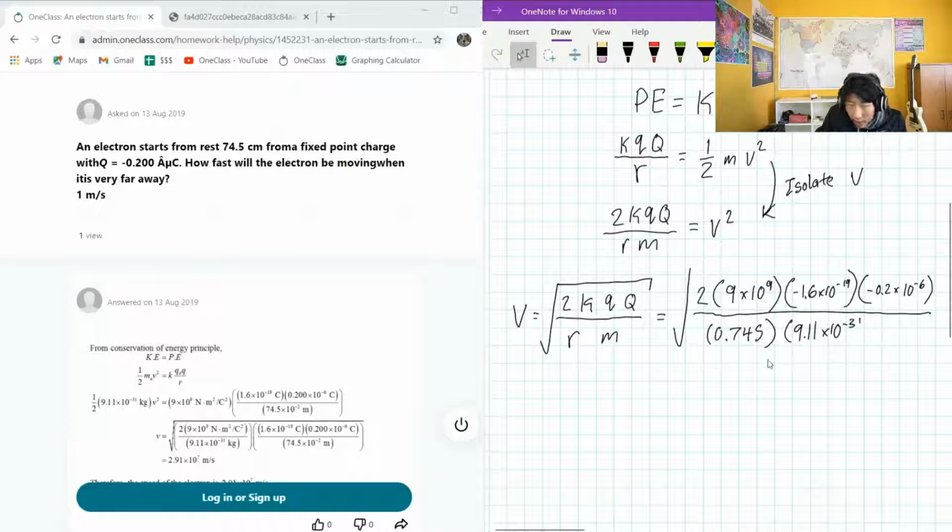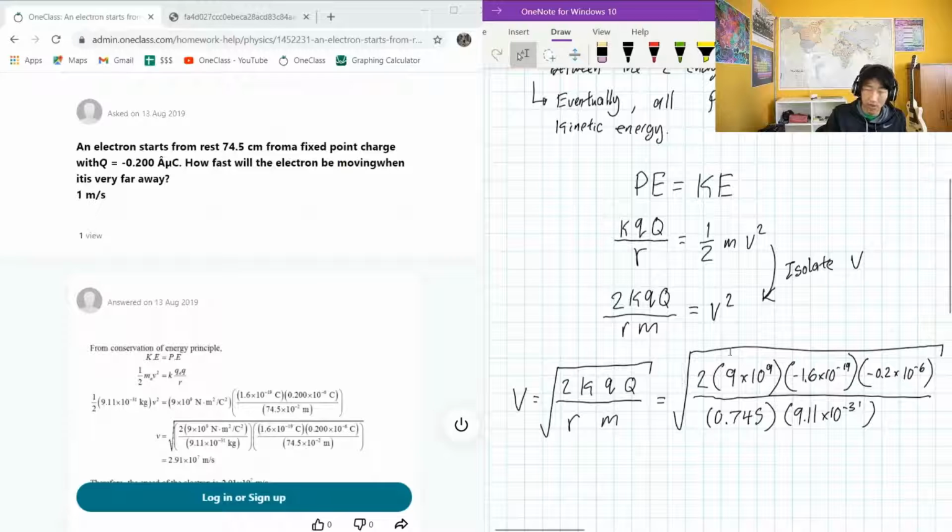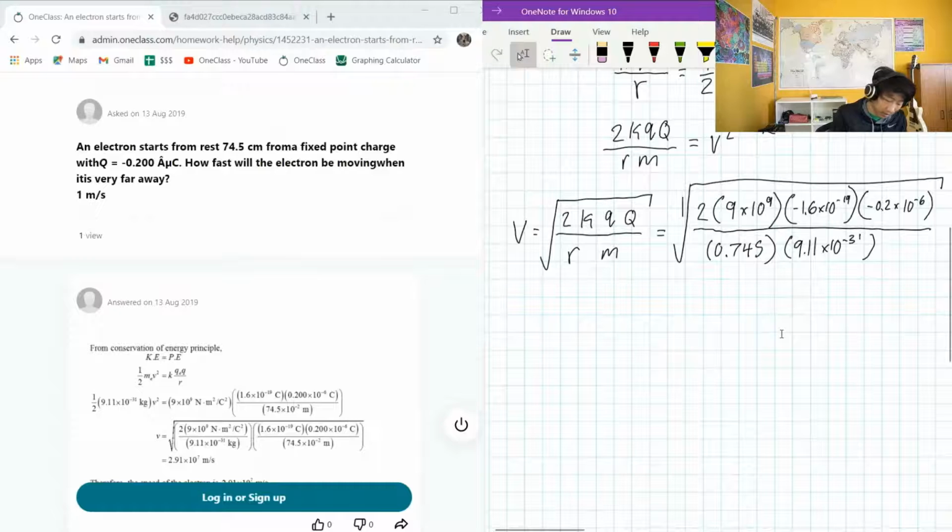Cool. So all of this goes under the root. I would personally recommend that you try to do the algebra first and isolate what you want, and then sub in the numbers. So then if you do find an error, it will be a lot easier to find. It's just my suggestion. So let's run this through the calculator and figure out what the numerical result of this calculation is going to be.